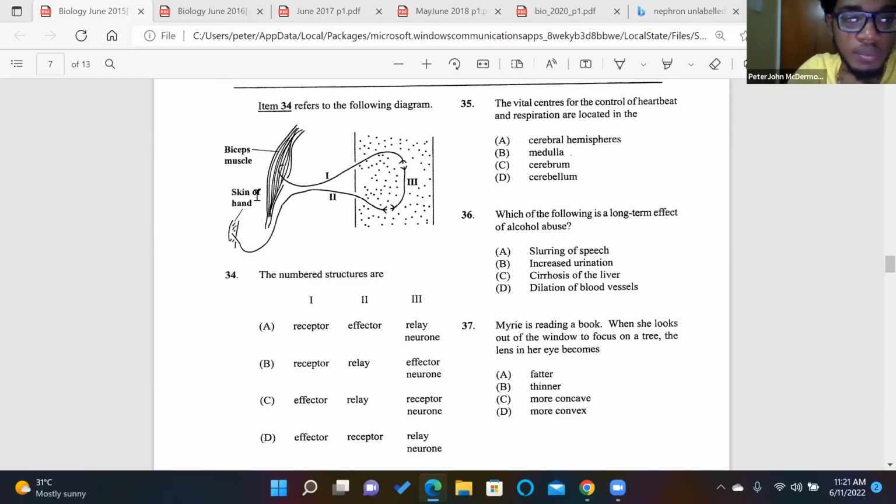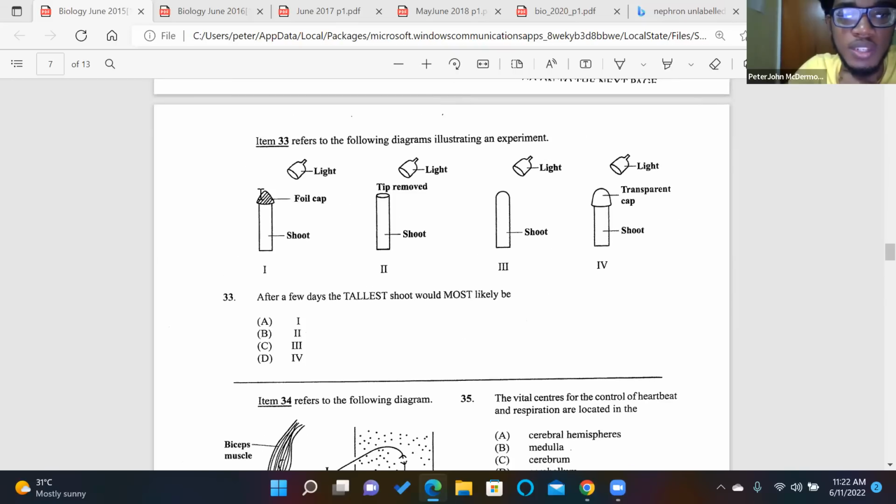So all right, let's look here. So what do we see? Biceps, skin affine. It's just some kind of reflex circuit, I guess. Why not A as well? All right, let's look at A. So what's the difference between 1 and 3?